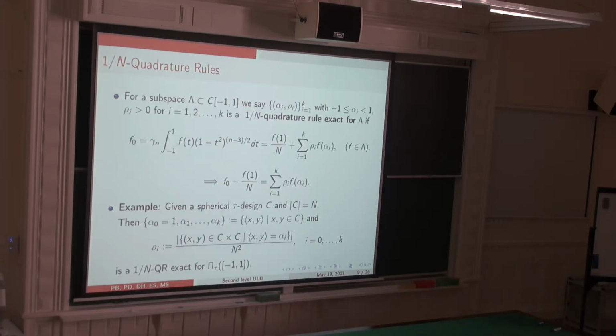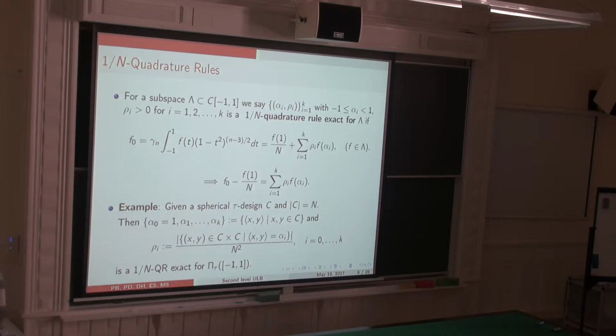And really, the whole scheme works because of the quadrature rule. So let me explain a little bit about the quadrature rule. A 1/N quadrature rule is exact for polynomials or functions in that subspace if the integral, where gamma n is a normalizing constant, is equal to f of 1 over n plus the summation of rho i f of alpha i, where alpha i are nodes and rho i are weights, and they are non-negative weights.